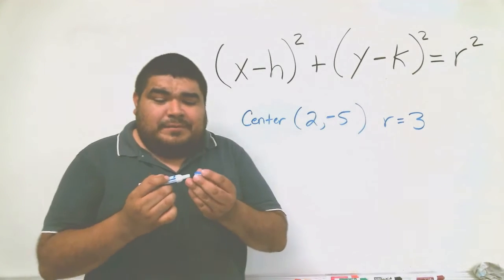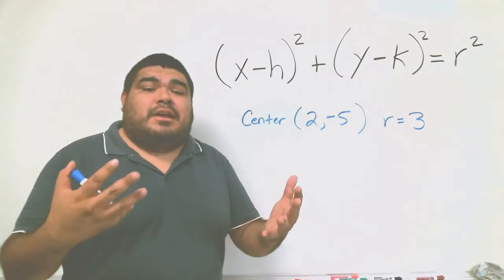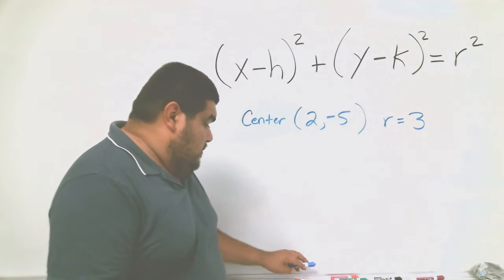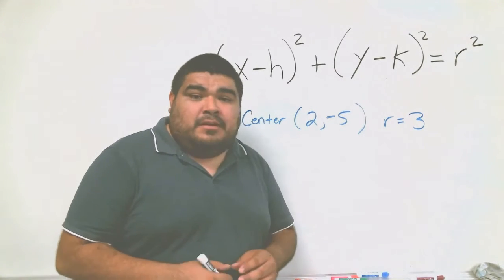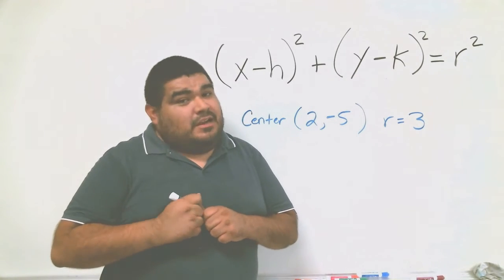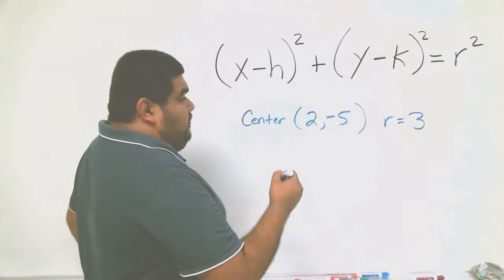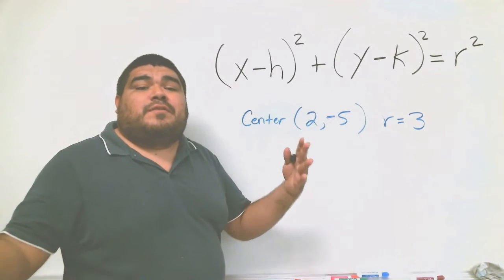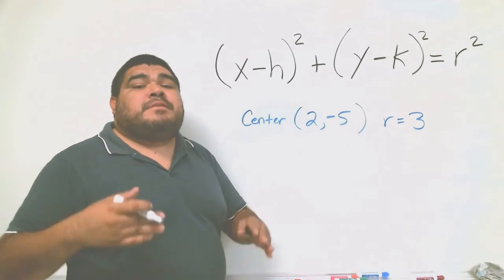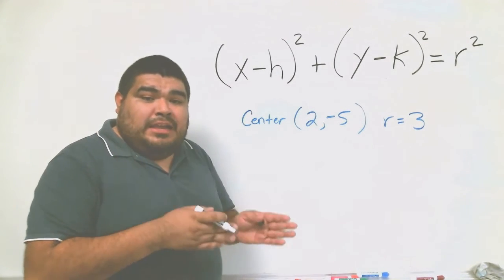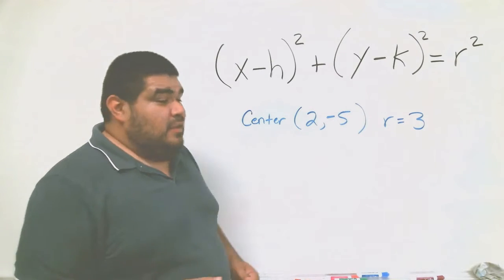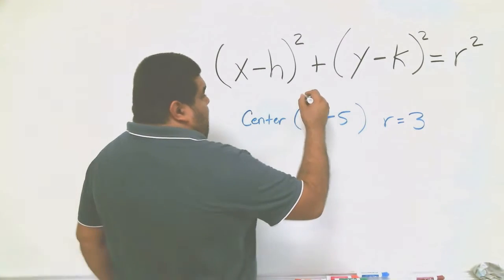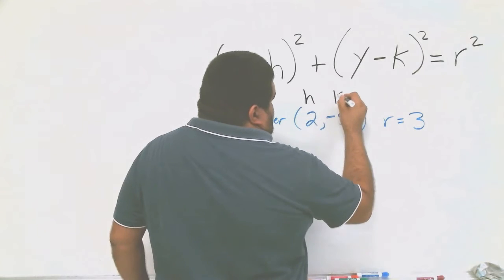So all we have to do is plug it in, okay? So always label. Makes it a lot easier. Remember back a few concepts back where you had to label it x and y. Now you're going to label it h and k. It's the same thing.